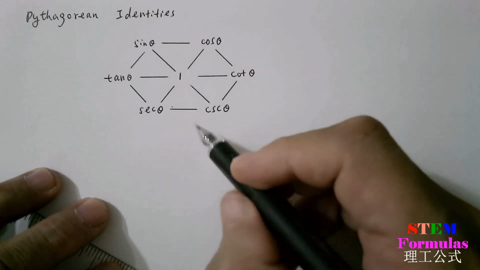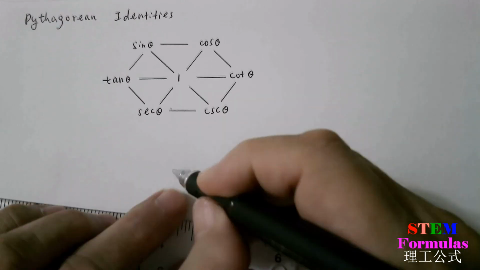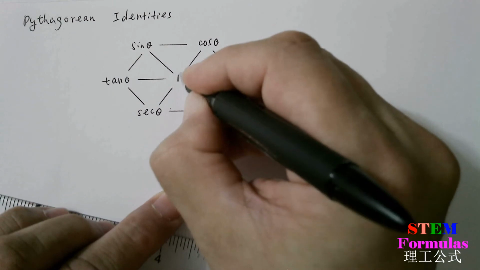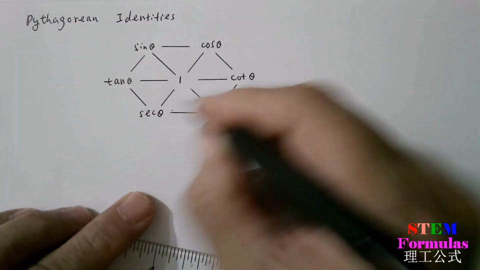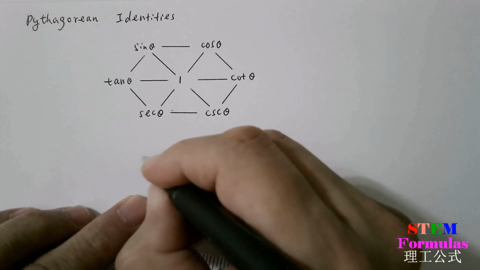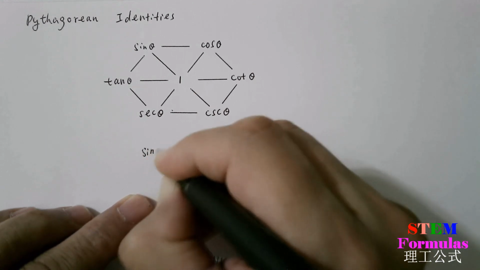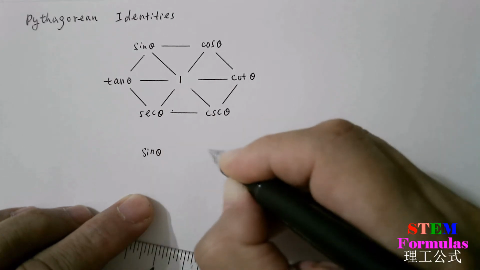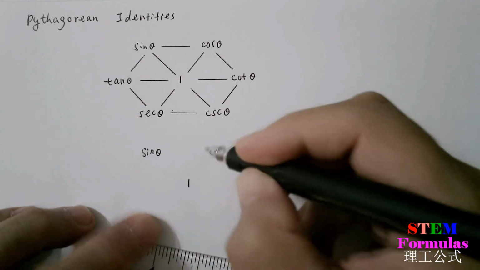From this diagram, we write down the following again. Here's 1. So on top, inverted triangle, we have sine theta, cosine theta, that's 1.